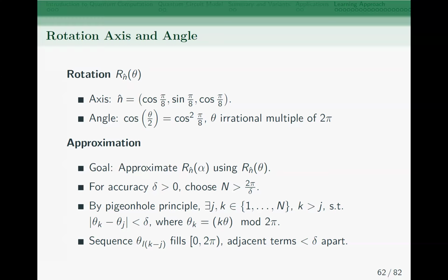So the idea is that, let's say I go from 0 to 1, and I want the accuracy to be delta, so I want to find theta such that the difference from my target is less than, say, 1/1000.